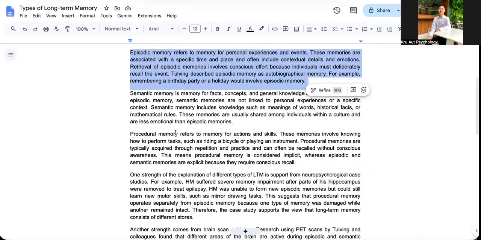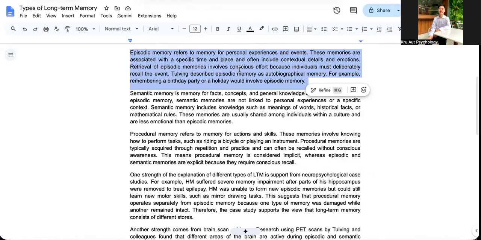For long-term memory, we can divide the types into either declarative or non-declarative memory. Somewhere in the essay in AO1, we need to say what they are. So episodic would be something about contextual. Does it require conscious effort or not? If it does, then that's going to be declarative.